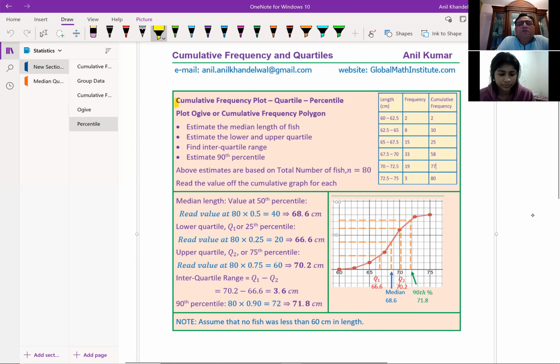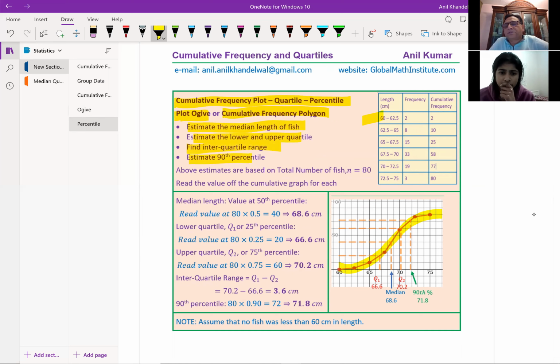Now we'll discuss cumulative frequency plot, quartiles, and percentile. Plot the ogive, which we have already done, from the given data in the table. Now we'll estimate the median, lower and upper quartiles, interquartile range, and 90th percentile.